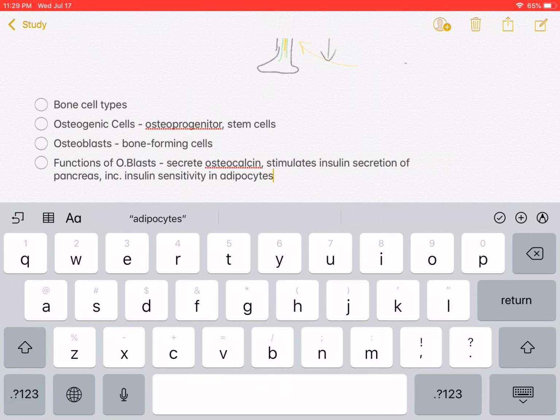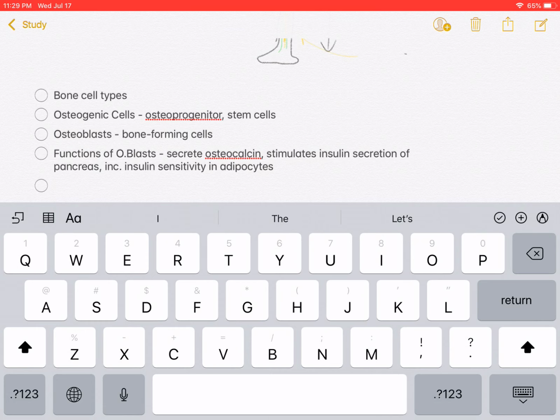I'm not going to go too deep into the functions of the osteoblasts, because again, these are going to be on flashcards. So you want the least amount of words, but you want these words to trigger your memory. So for the functions, we have two secretions: secrete osteocalcin, and it stimulates the insulin secretion of the pancreas.